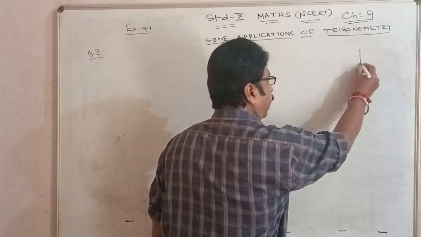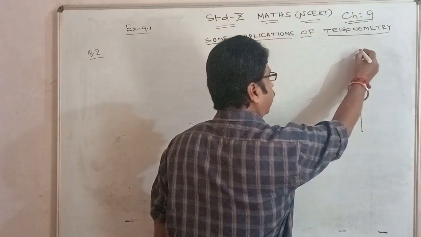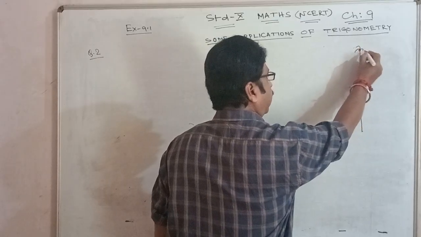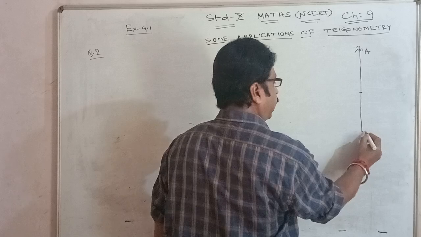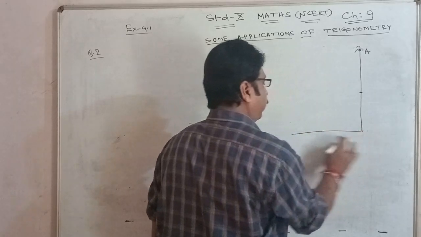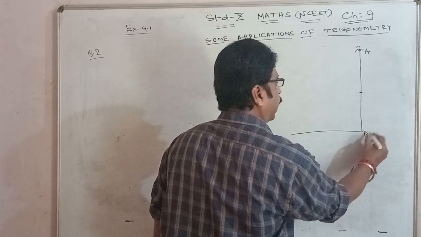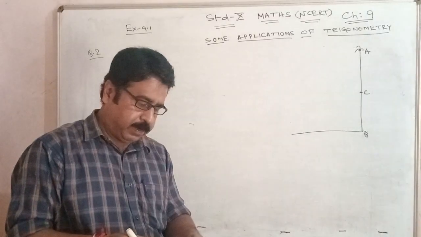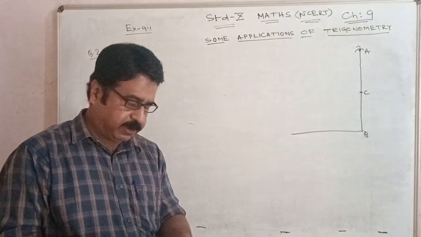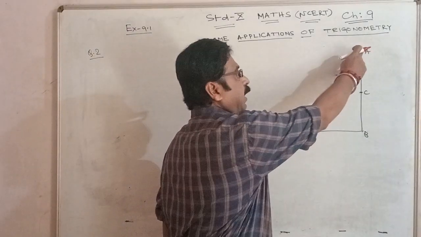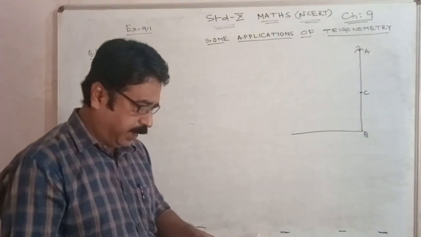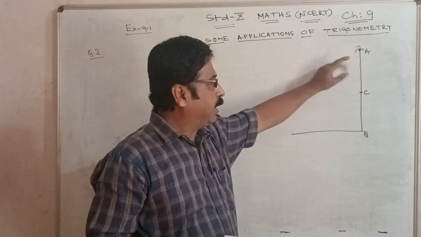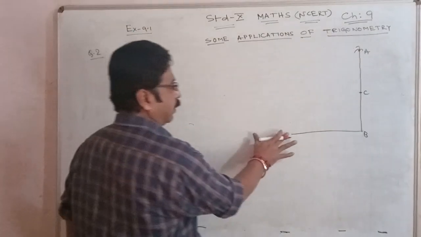For this sum, suppose this is a tree. Suppose this is A, this is B, this is ground level, and this is C. A tree breaks due to storm and the broken part bends to the top. It is the top of the tree, A point, B point is the bottom of the tree, and from this point, this upper part of the tree is broken and it touches the ground this way.